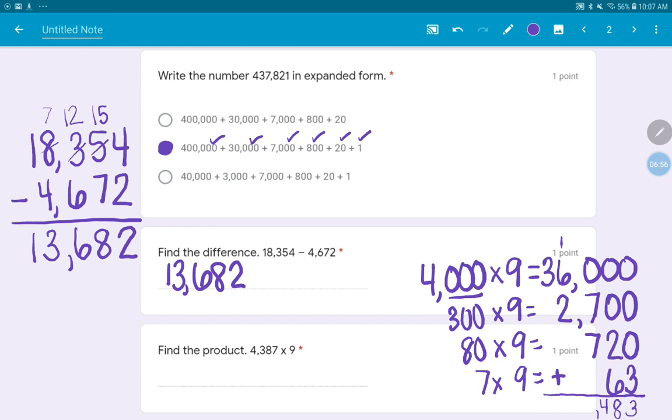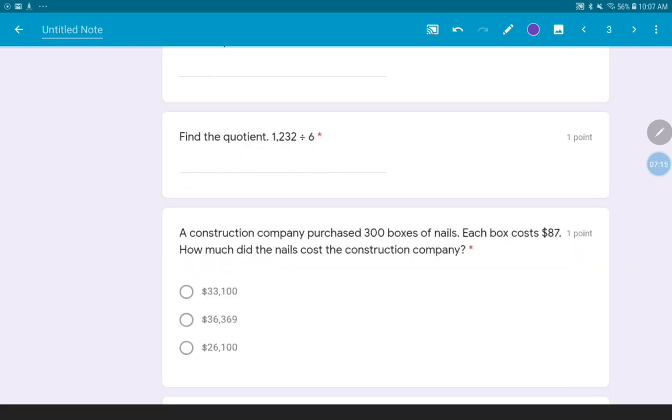And then 1 plus 6 plus 2 is 9. Plus 3 is 39. Okay. So the product is 39,483. Good job. All right. Next, we're finding the quotient.